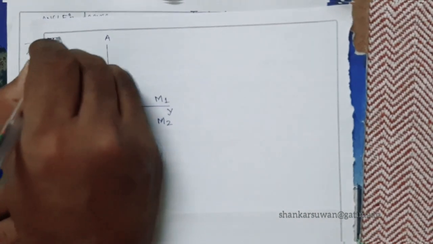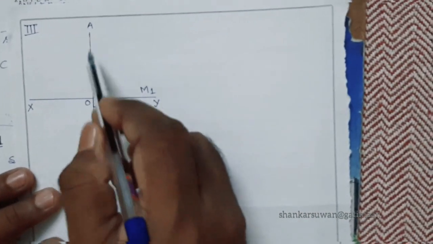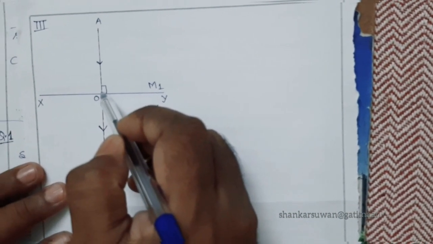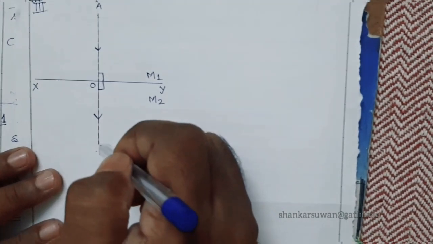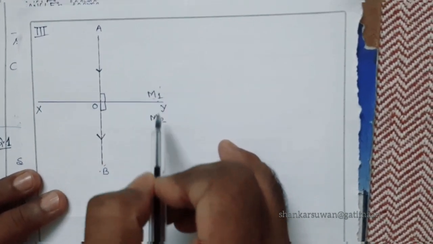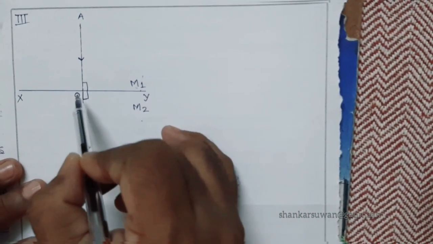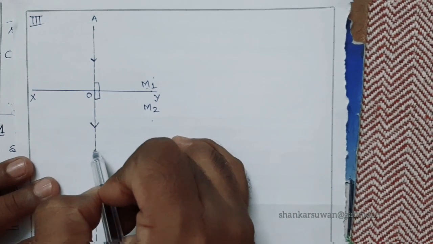Now, another important thing. Look at this third case. What happens here? AO is the incident ray and AB itself is the normal to the interface separating medium 1 from medium 2. OB is the refracted ray.